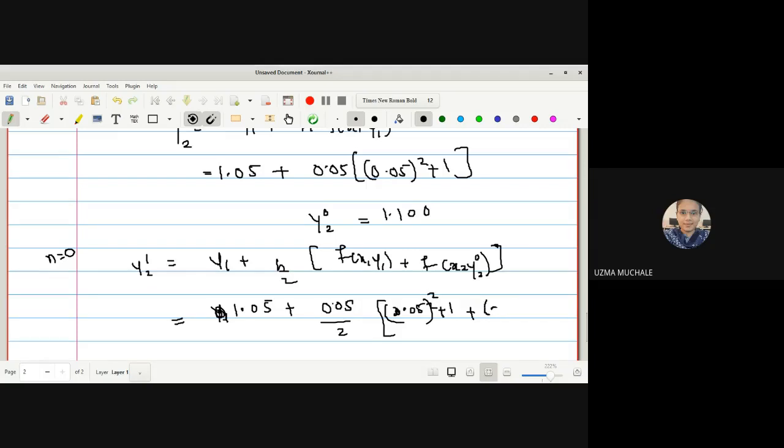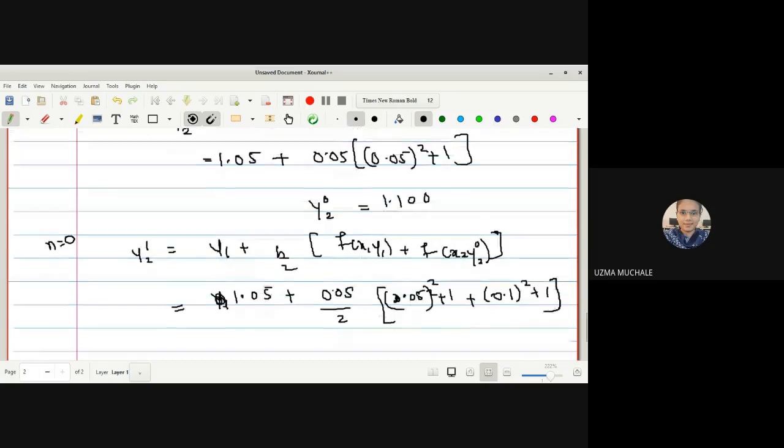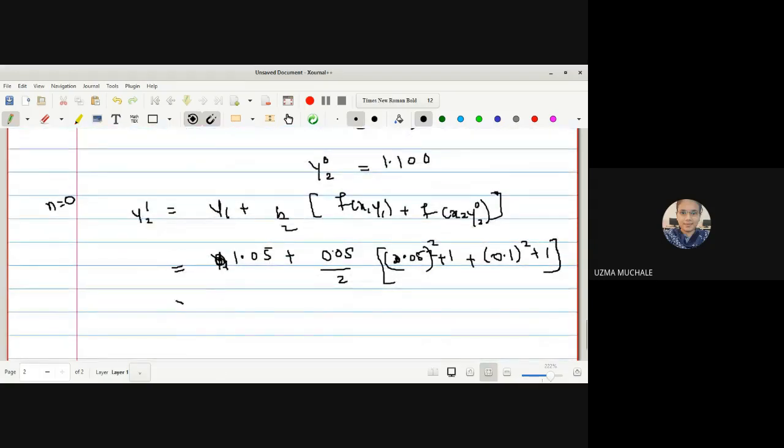What is the value of x2? We have found the value of x2, it is 0.1 square plus 1. Correct? Do the calculations with me and tell me the answer. It is 1 plus 0.05 square, x1 square plus 1, and here it is x2 square plus 1.